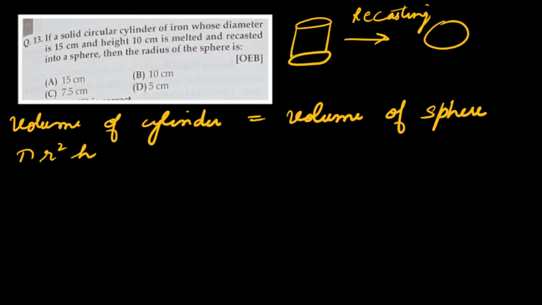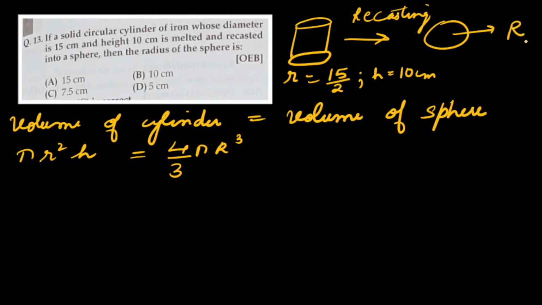Volume of sphere is 4 by 3 pi r cube. Radius is not given, diameter is given to us. So diameter is 15, we can write 15 by 2 as the radius. And height is also given to us as 10 centimeter. And for the sphere, I'll write its radius as capital R.